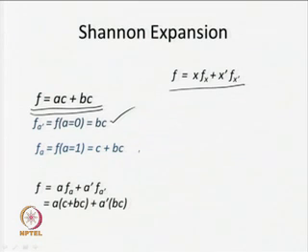So, f of a is c plus b c, f of a bar is b c. That is why this particular function can be represented as f is equal to a into f a plus a bar into f of a bar. So, this is nothing but a into c plus b c, and f of a bar is b c, so a bar dot b c.